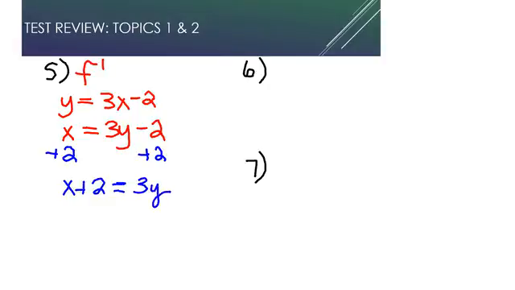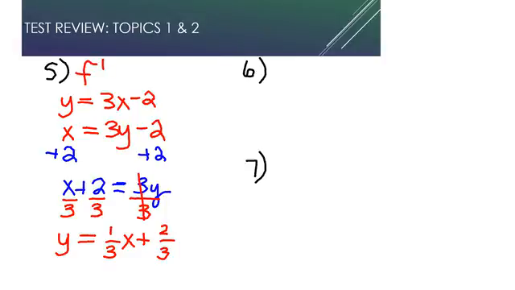In order to get the y over there, I'm going to have to divide it. Okay. And so therefore, my answer is y equals 1/3 x plus 2/3. And that's how you find the inverse of an equation.